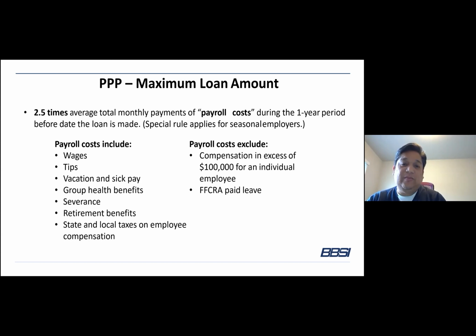So one question that we heard and have not heard clarification on yet, so it's okay if you don't know, is what about commissions? How does commission figure into this? As of right now, it's not included from what I saw in the legislation. It's not included, however, tips are included. So I don't understand.